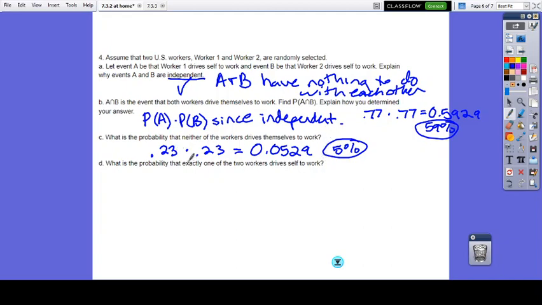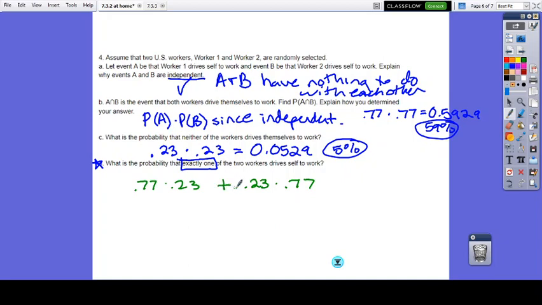Now, this is where it gets tricky. What's the probability that exactly one of the workers drives themselves to work? Some people get a little bit confused here in how to do this. But what we have to realize is that either the first one could drive themselves to work and the second one could not, so A drives themselves to work and B doesn't, but we also have the case where B doesn't drive to work and A does.